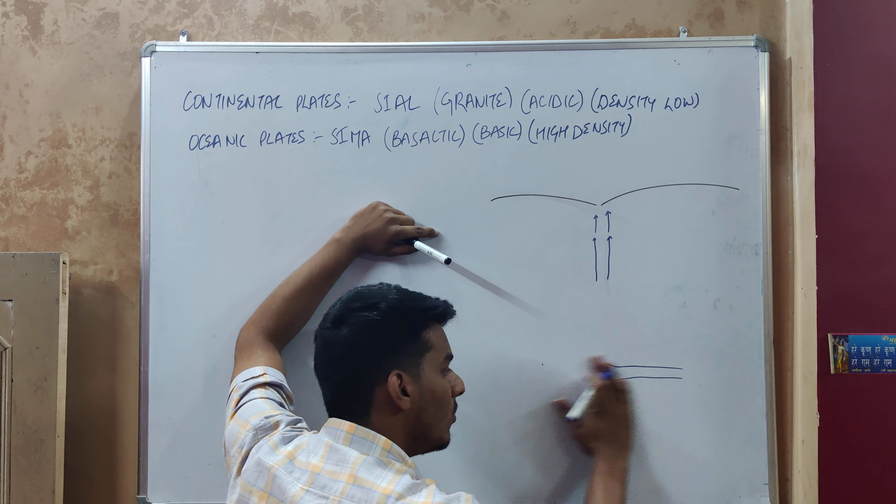Now this part which is destroyed in the asthenosphere will be melted and come up as fold volcanic mountain. We will be looking at this with various points and facts in detail in this video itself.